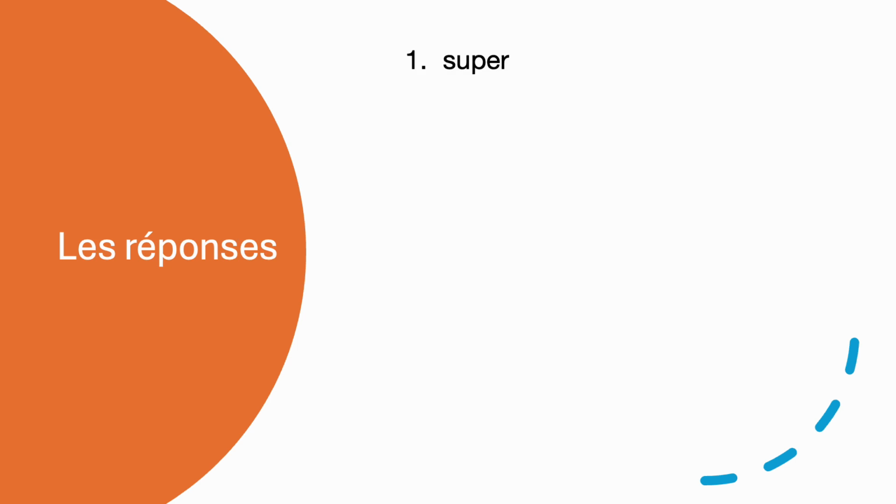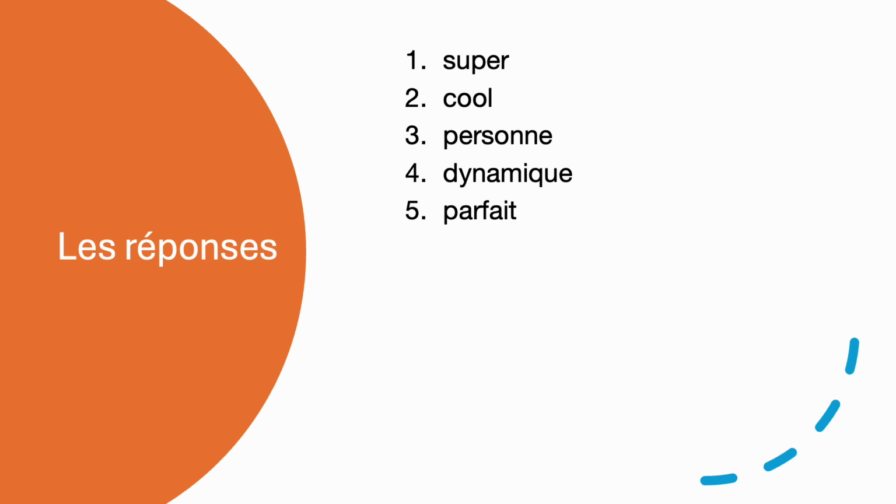Les réponses. How do you think you would say this word? Think about the letters. How do you pronounce them in French? Super. Cool. Personne. Dynamique.